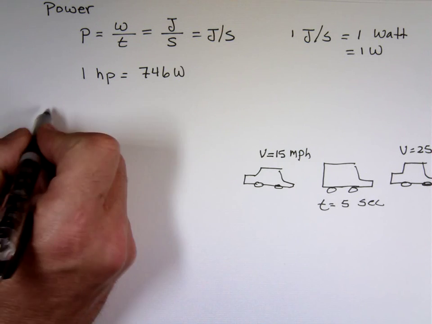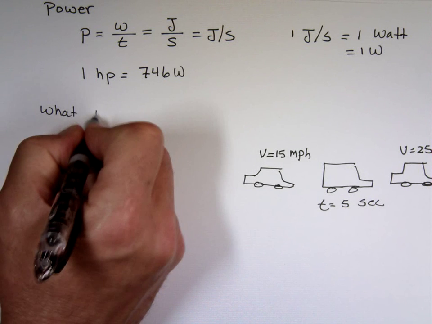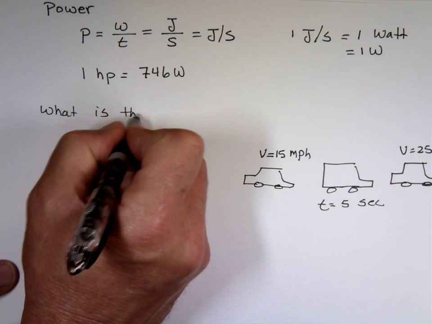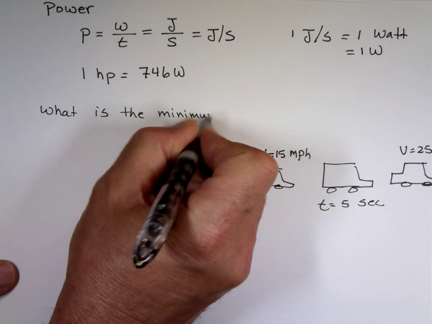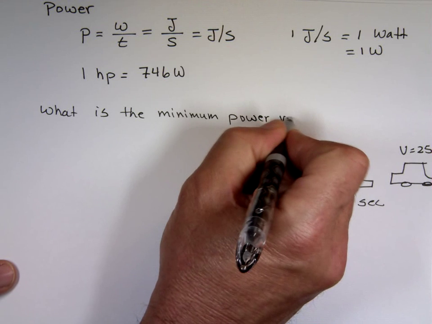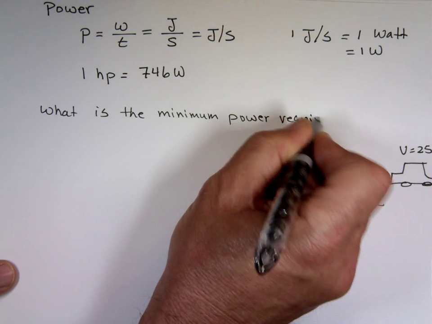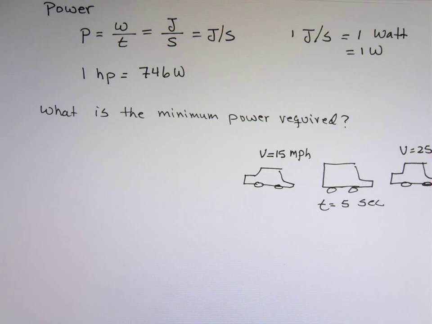The question is, that's your goal. You want to pass that car in 5 seconds. What is the minimum power required to pass the car? How much power is required?